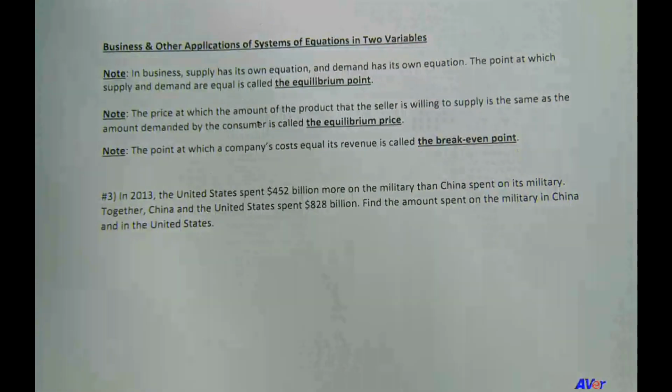So if you're manufacturing something and you want to sell that piece of manufactured product for $10 a piece, and if the customers are willing to pay $10 for that piece, then that is called the equilibrium price, because you as the producer want to sell that piece for a price that the customers would like to pay for that piece. So that's the equilibrium price.